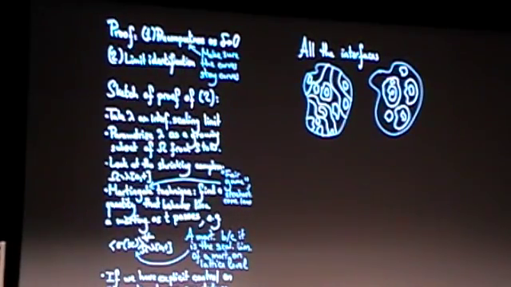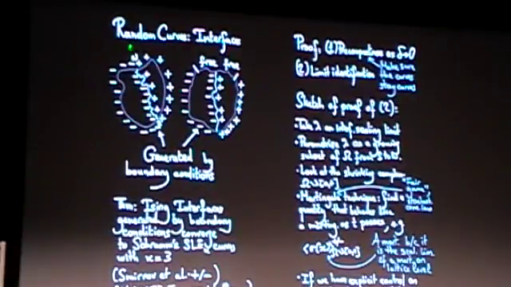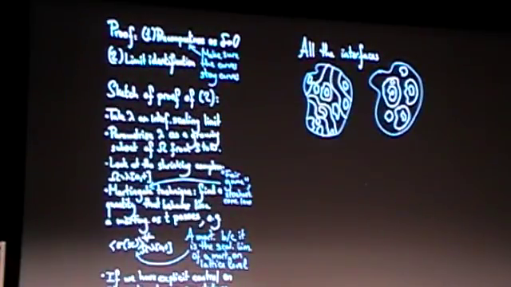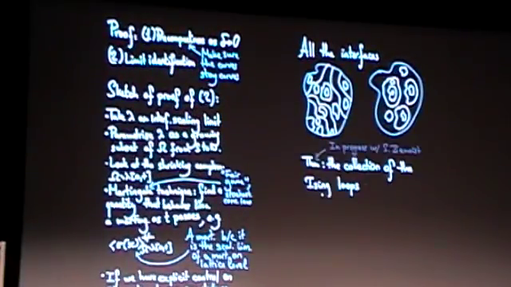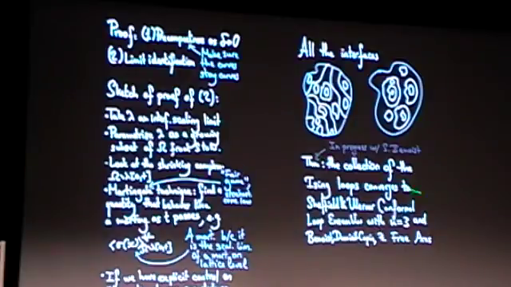Okay. So what about all the curves? So I spoke about curves generated by boundary conditions, but what about all the other curves? So it turns out we can also study them. Here's a theorem, which is not published yet, but it's in very good progress.